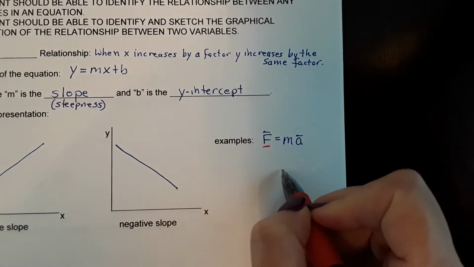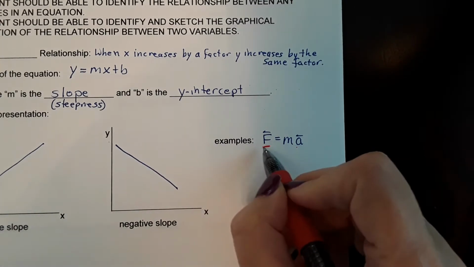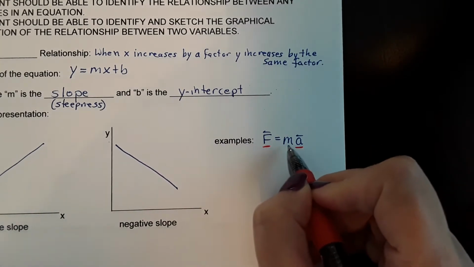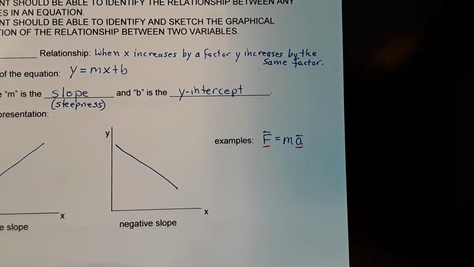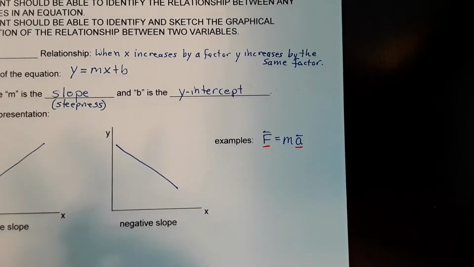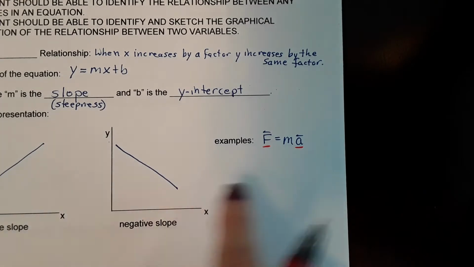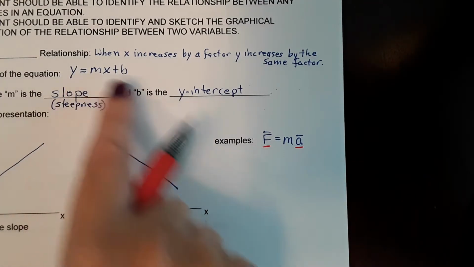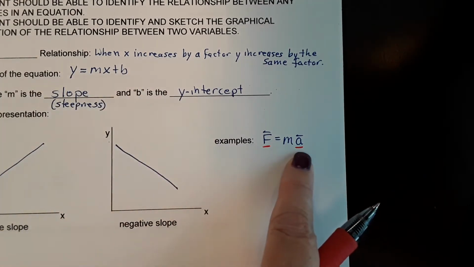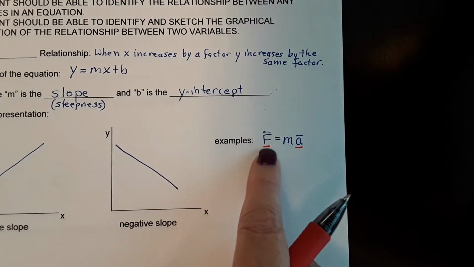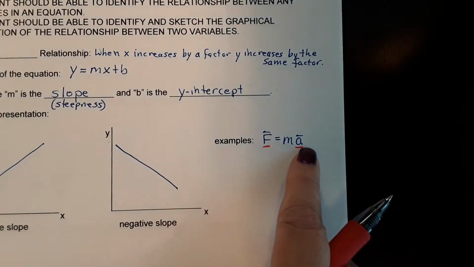So this would be the y variable, this would be the x variable, and the mass of the object would be represented by, oh, guess what? The slope. All right? So notice both the y and the x value are in the numerator. Neither one of them is squared, because that would make it a different relationship. So this is a linear relationship between F and a.